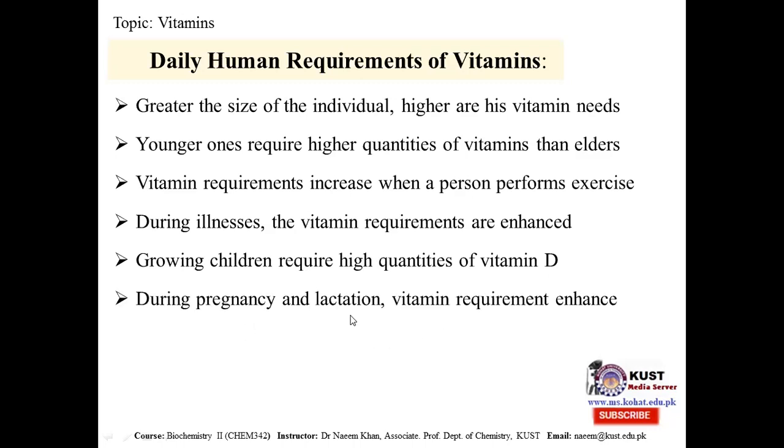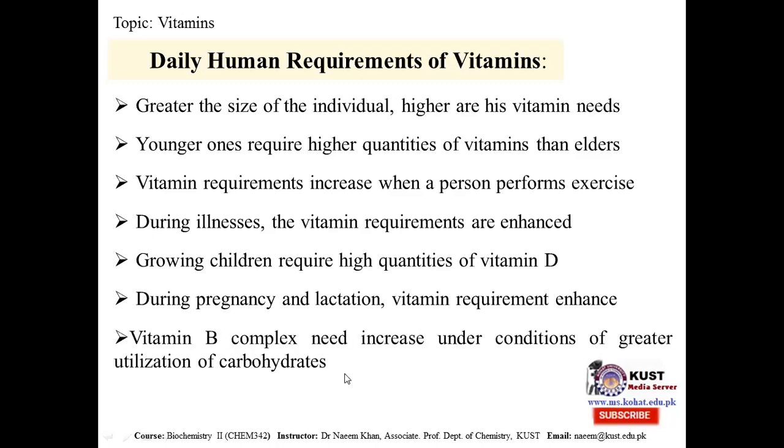During pregnancy and lactation, when mothers are giving milk to their kids or when they are pregnant, vitamin requirement is enhanced because there are so many growth and tissue formation processes which require vitamins. Vitamin B complex need increases under conditions of greater utilization of carbohydrate. Vitamin requirement is also related to nutrition. If someone is taking more carbohydrates, his vitamin B complex requirement is enhanced.